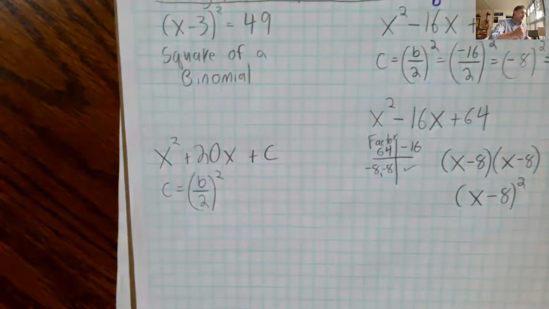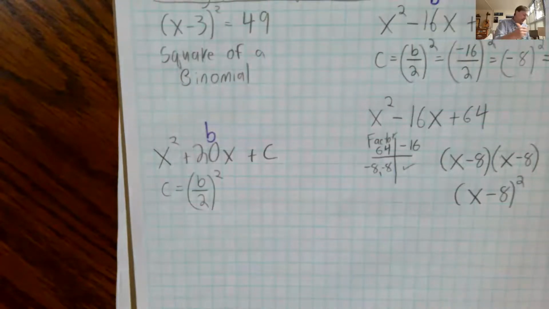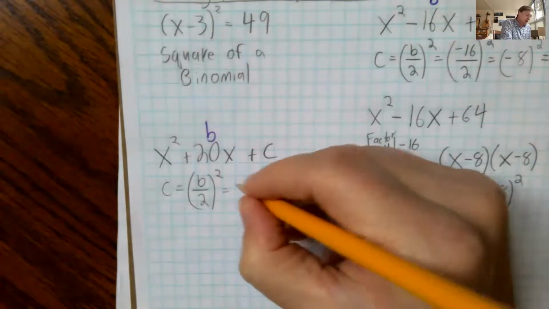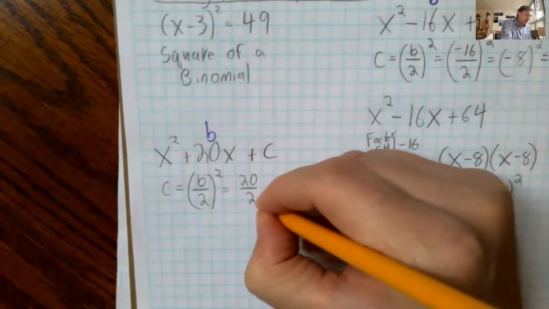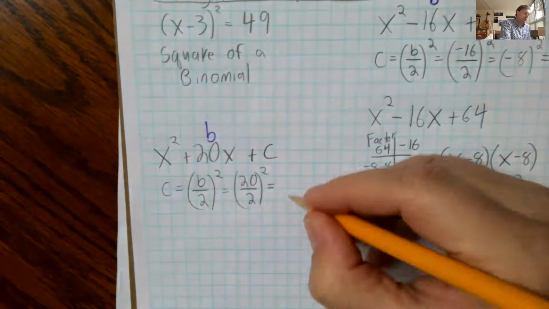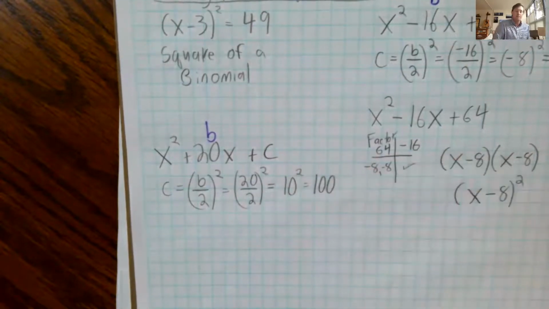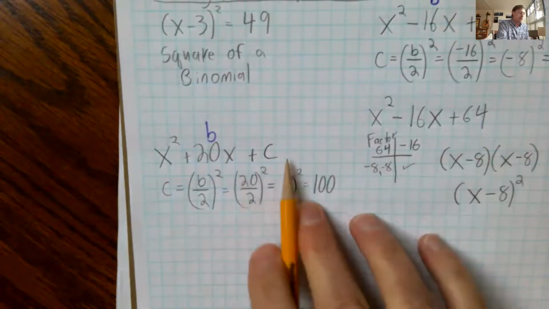The B term here is this positive 20. So I'm going to plug that in for B. I'm going to get 20 over 2, squared. 20 divided by 2 is 10. 10 squared is 100. So that C term is going to be 100.